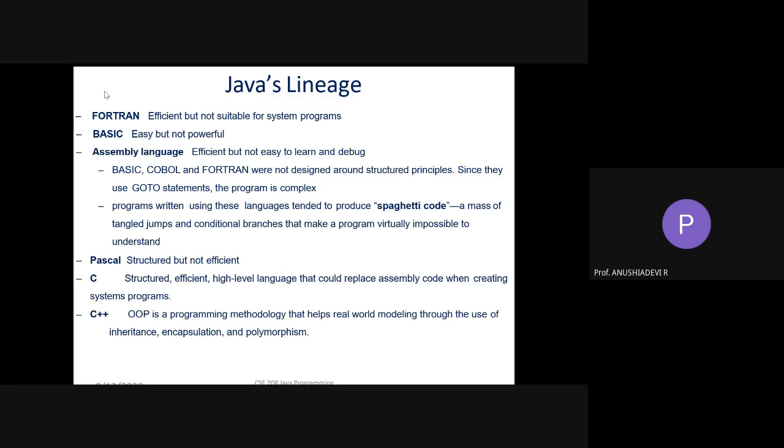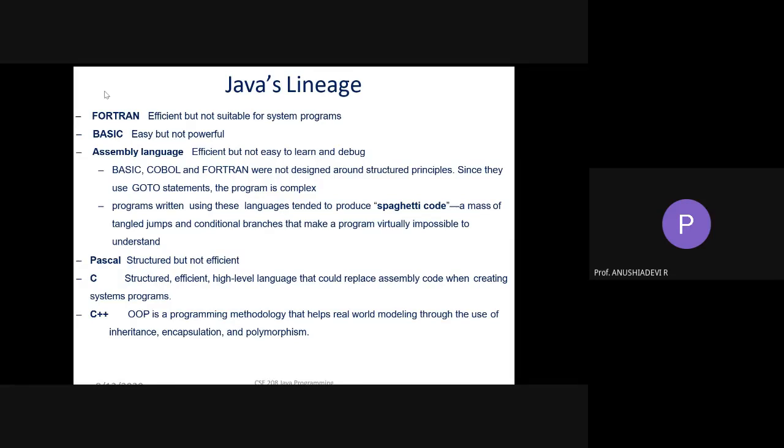So this type of code is called spaghetti code. So what does spaghetti code mean? A mass of tangled jumps and conditional branches.